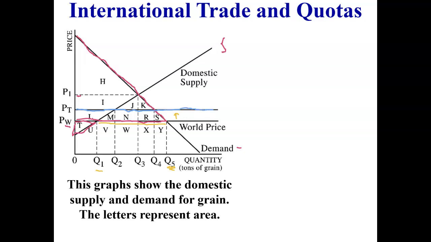Once you have something like this, our producer surplus is a little bit bigger because the price went up. Whenever the price goes up, that's good for producers. Our consumer surplus is lower. It's still greater than it was with no trade at all. We're better off with trade and a tariff in terms of consumer surplus.